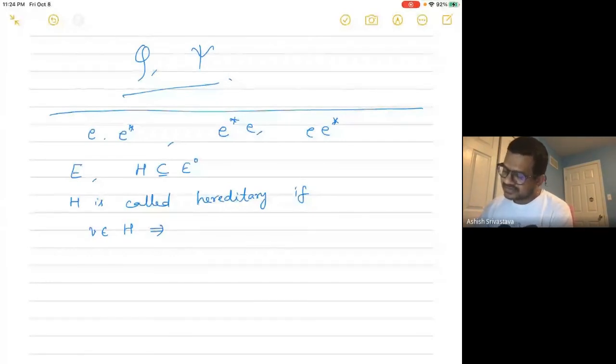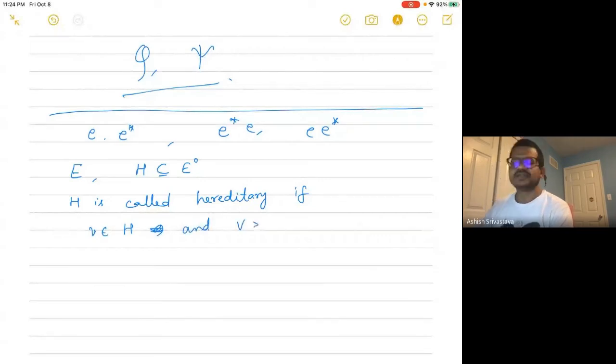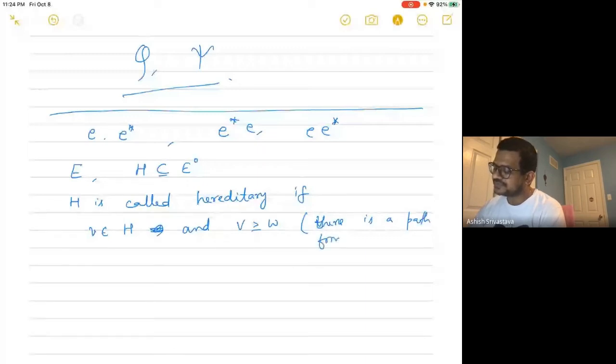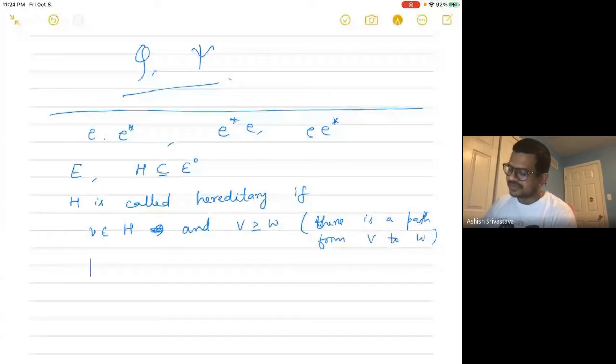Well, let's write like this. So if V is in H, and if there is a path from V to W, let's use this symbol to denote that there is a path from V to W, then W is in H as well.